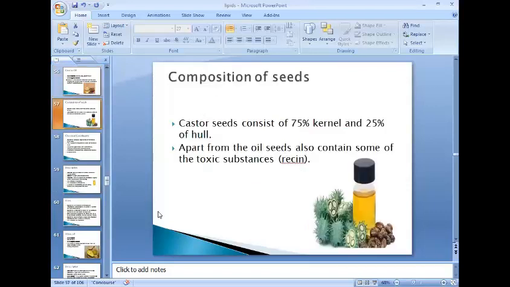The seed has two parts, kernel and hull, and the kernel is a larger part and accounts for 75%, whereas hull is the outer part and accounts for 25%. The seed also has some toxic substances, that is resins.